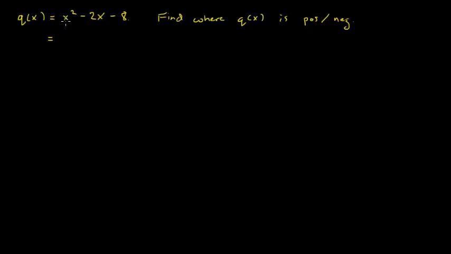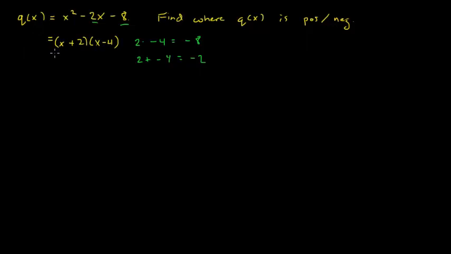So if I look at this, I notice that 2 times negative 4 is negative 8, and 2 plus negative 4 is negative 2. So that means that this function factors as x plus 2 times x minus 4.